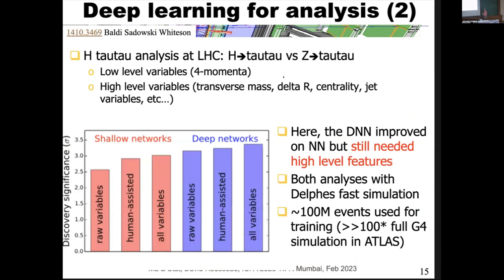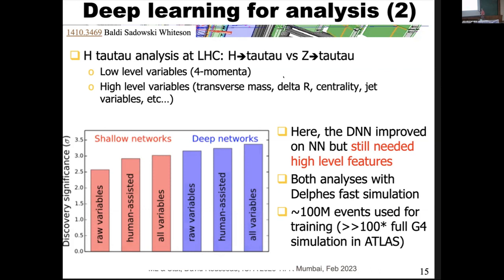I mentioned this yesterday. And again, same game, low-level variables for momentum, but the high-level variables are much more diverse. And these are the high-level variables which were designed by the experts doing the analysis, this was for ATLAS, but CMS will be doing the same.